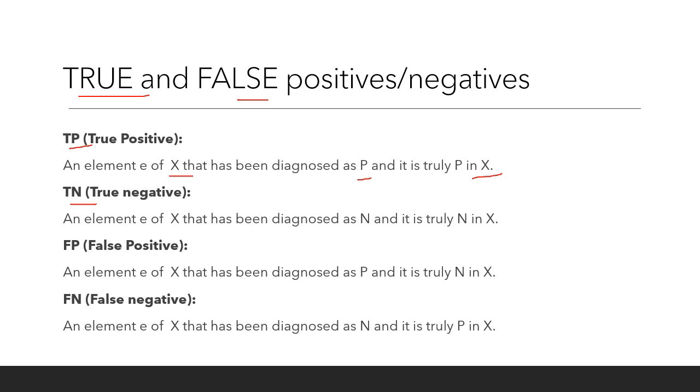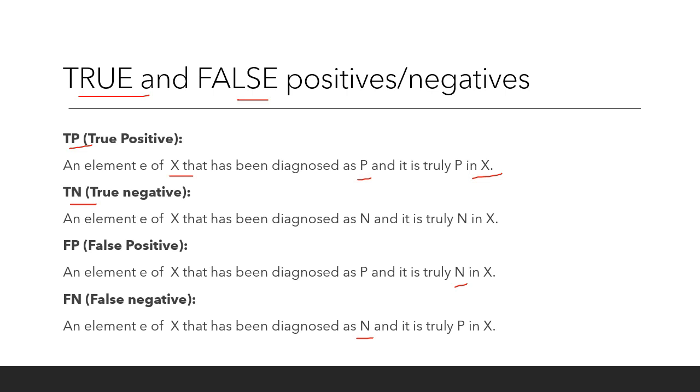True negative, an element E or sample or a person in X in the population that has been diagnosed as N, as negative, and it is truly negative in X. False positive is that which has been diagnosed as P, as positive, but in fact it is negative. And false negative is an element that has been diagnosed as negative and in fact is positive.